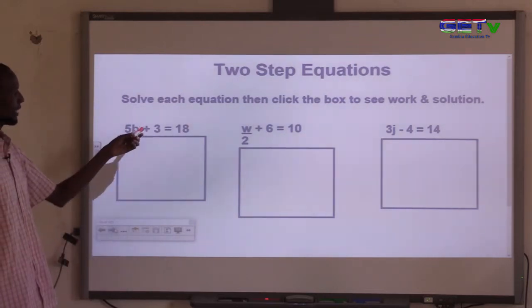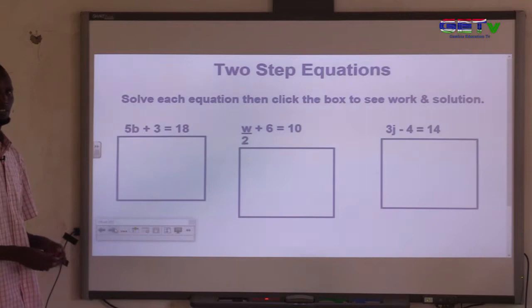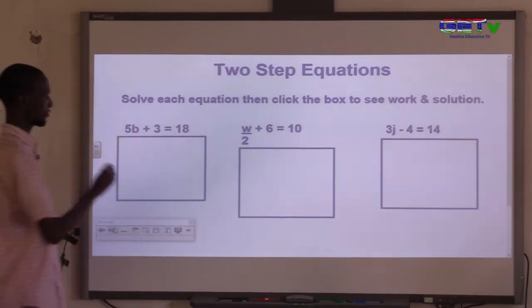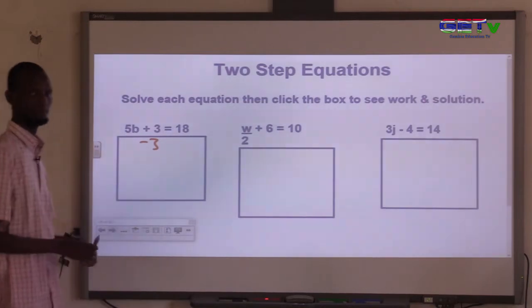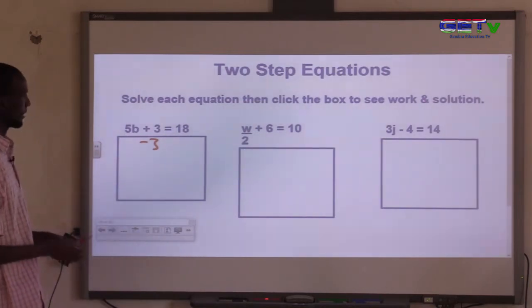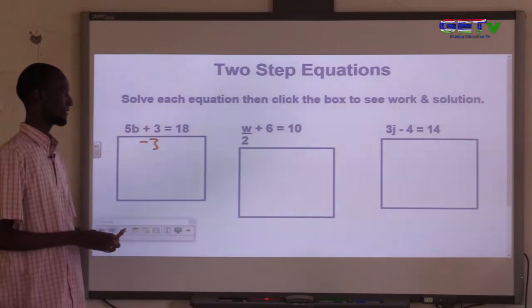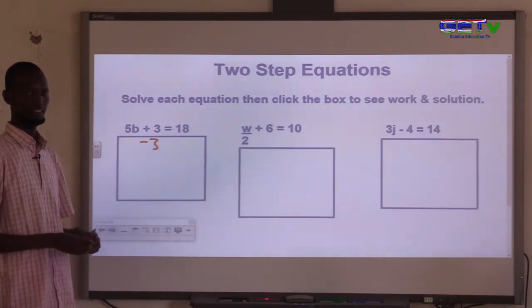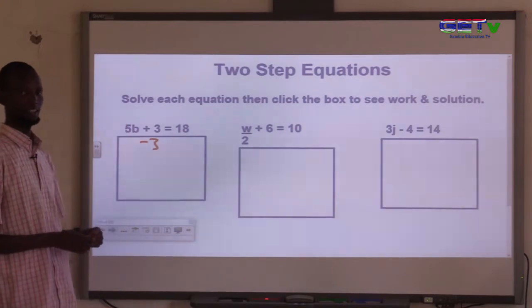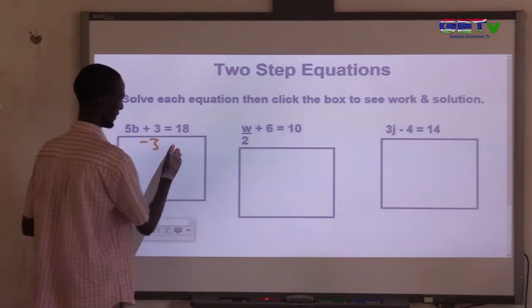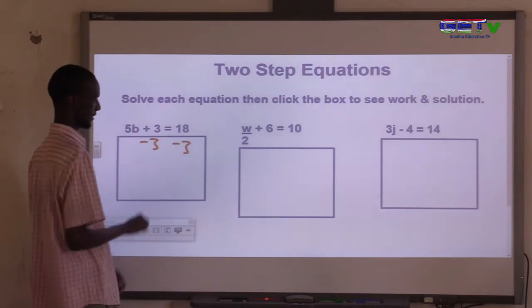And to undo an addition, you subtract. So subtract 3 on the left-hand side. But again, whatever I do to one side, I must do to the other side. So if I subtract 3 from the left-hand side, I must also subtract 3 from the right-hand side.